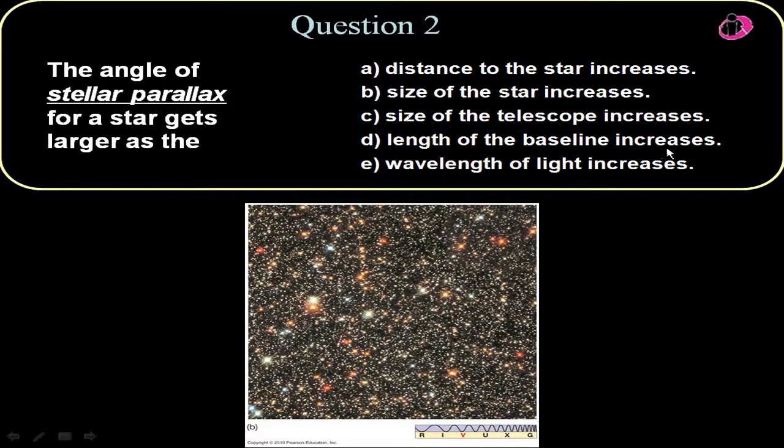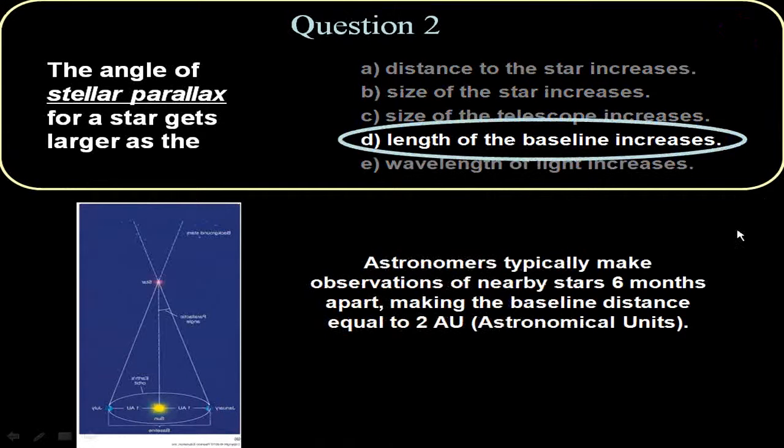If we had a larger baseline, then we'd get a greater angle as we're looking at the star with respect to the backdrop. So the angle of the stellar parallax would increase with the length of the baseline. Astronomers typically make observations 6 months apart using the diameter of the Earth's orbit, which would be 2 astronomical units.